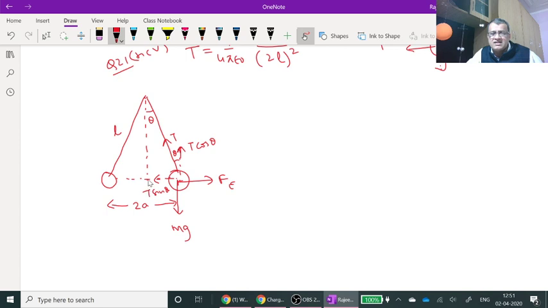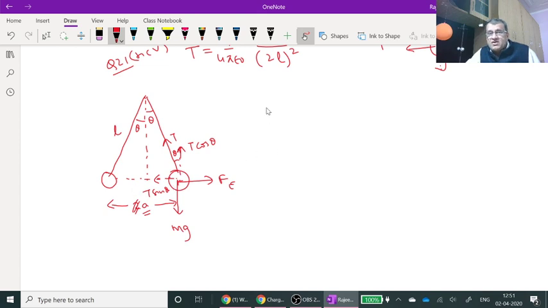For the sake of simplicity, in case I need half of this, I can use a, because a upon L will give me sin theta. Or in case these things confuse you, I can work with only a, and if I need half of the distance, then I will use a by 2.